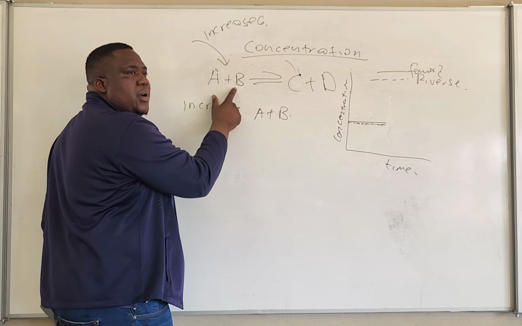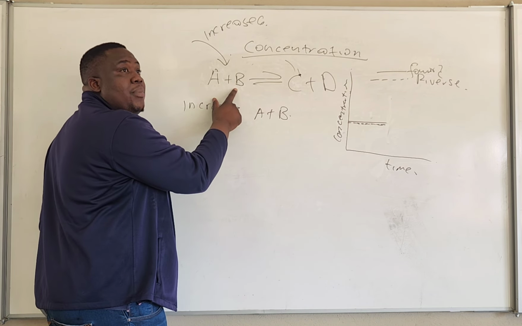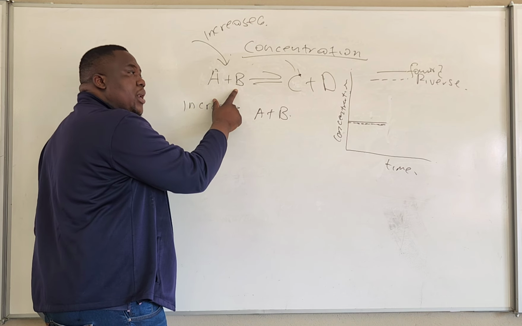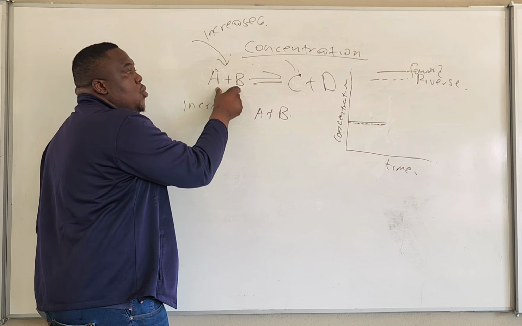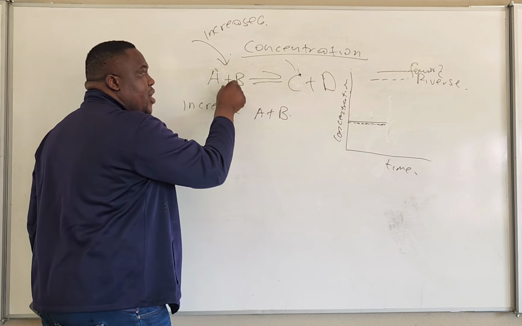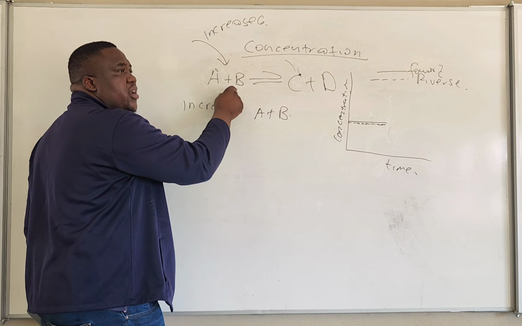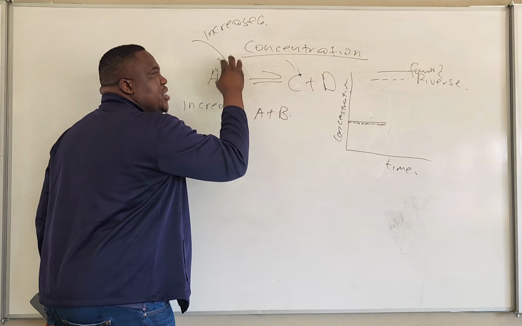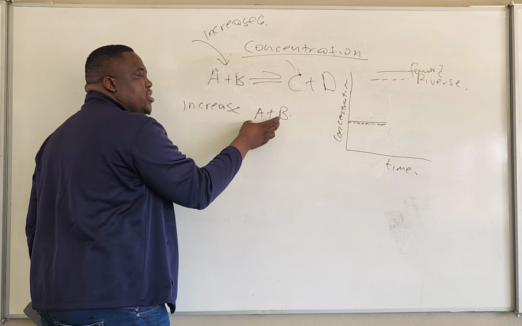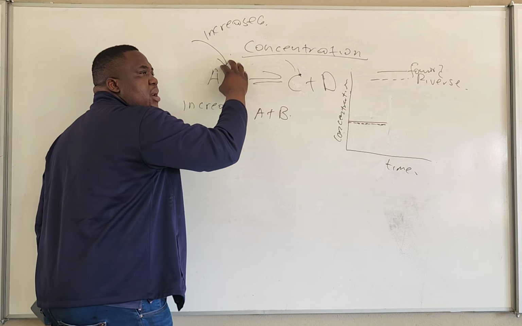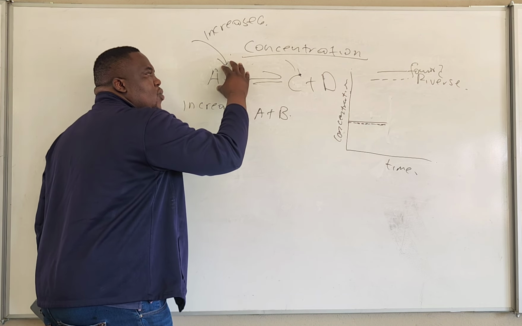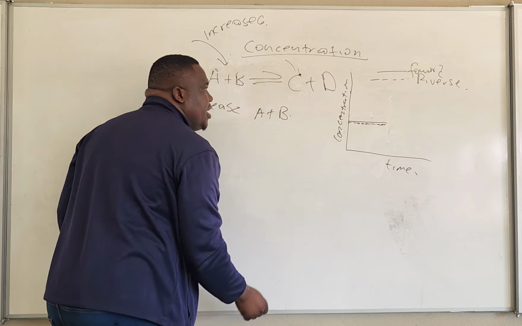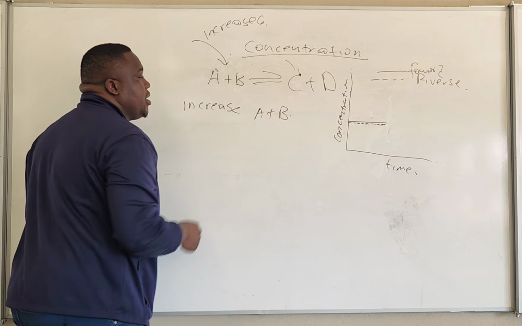This A and B must be used so that we go back to equilibrium. So how do we use this one? We promote the forward reaction, because the forward reaction is responsible for converting this one to this product. So we must use A and B because we have increased A and B. How do we use them? We promote the forward reaction to form C and D so that A and B can be finished.